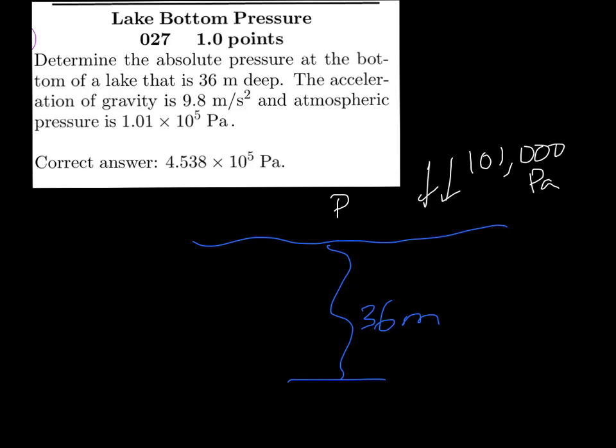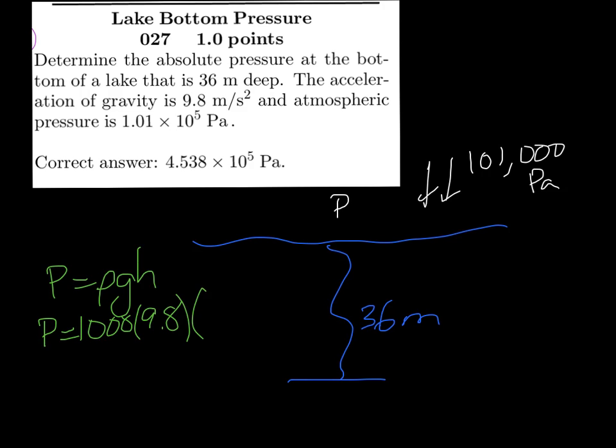To solve this, we're going to go pressure equals rho g h. It's water, we're in a lake, so it's 1,000 times 9.8 times our depth, 36 meters.